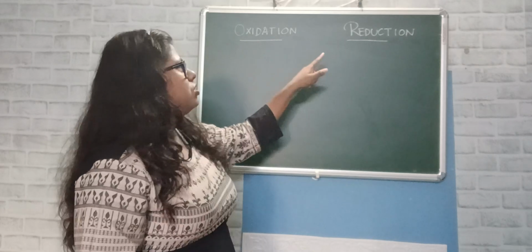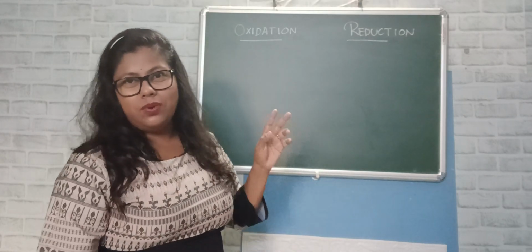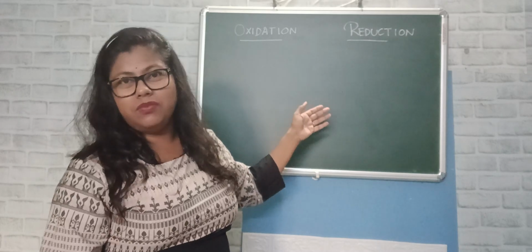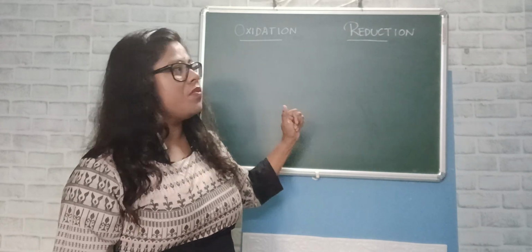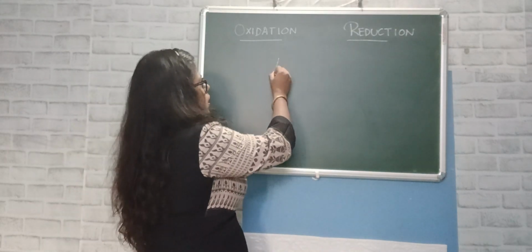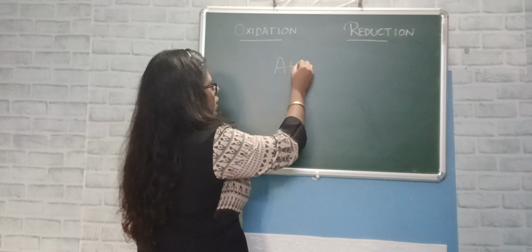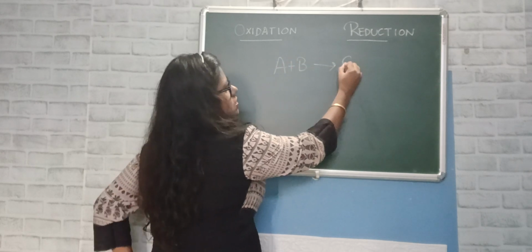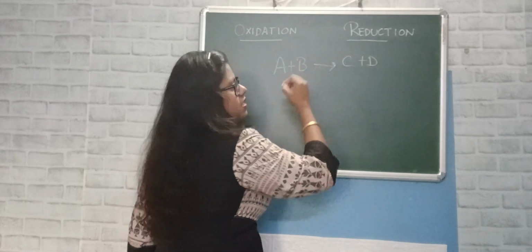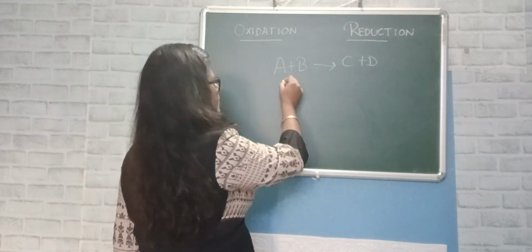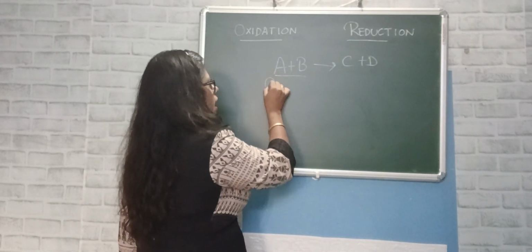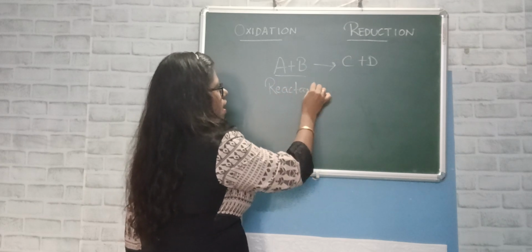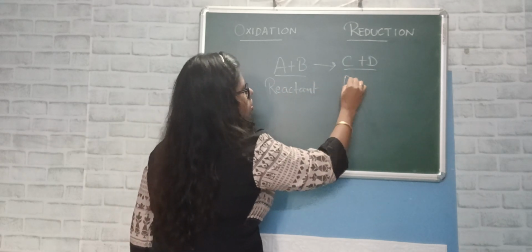Oxidation and reduction are two processes which occur in every reaction. Either of them will occur in every reaction. Let me tell you, if we are having A plus B giving, after the reaction, C plus D, then this A plus B is called the reactant and C plus D is called the product.